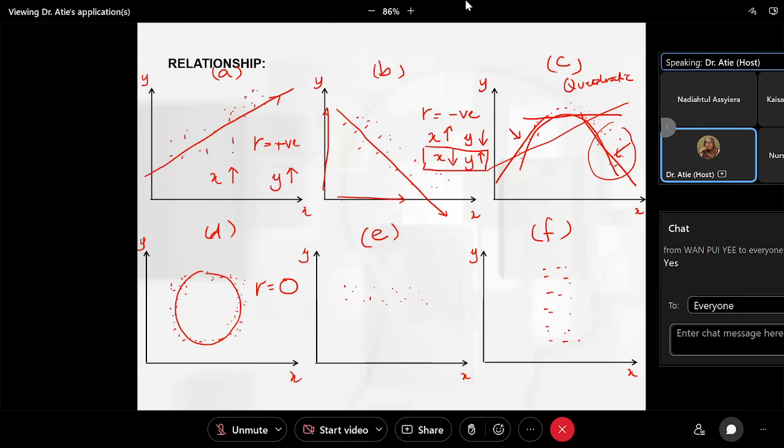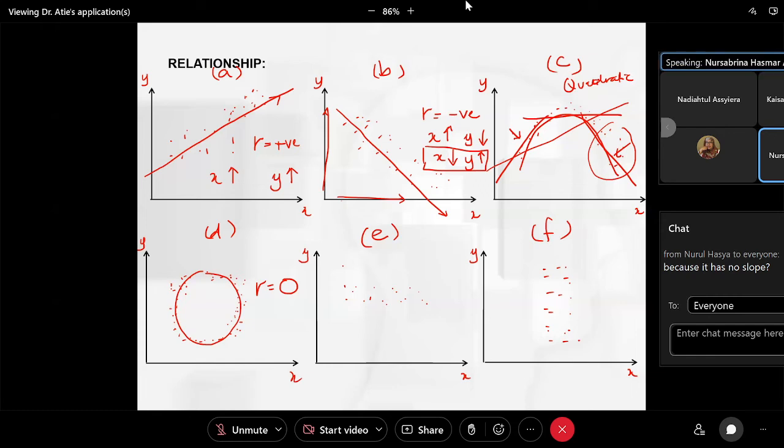Alright, doctor. Okay, so what do you think? I think there is no relationship, I guess. Okay, why? I saw some abstract shape of the data. Like the data itself is an abstract shape.